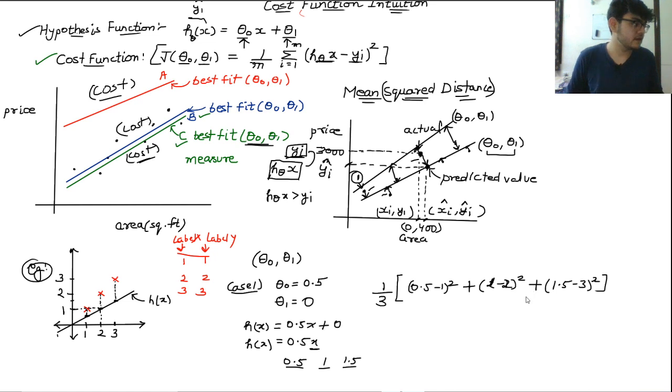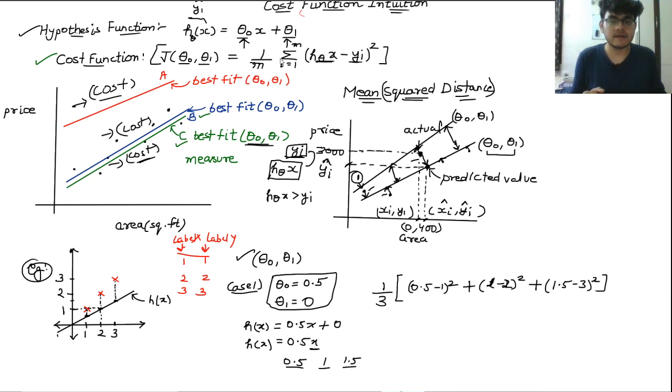This is the mean square distance, right? So for this particular case, when we are considering theta 0 as 0.5 and theta 1 as 0, we have this cost function. One important thing about the cost function is that since we are going to write an algorithm to find the best cost out of all the costs, we will use a derivative. We will try to differentiate this cost function. And since it has a square, the derivative will bring this 2 down here.